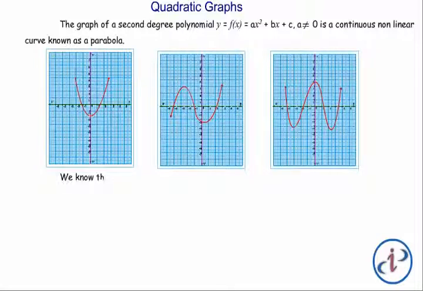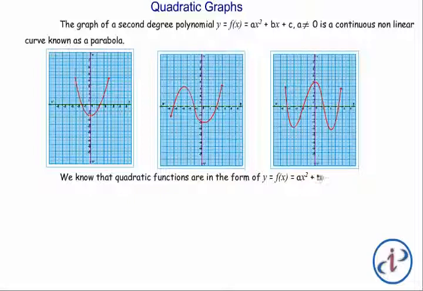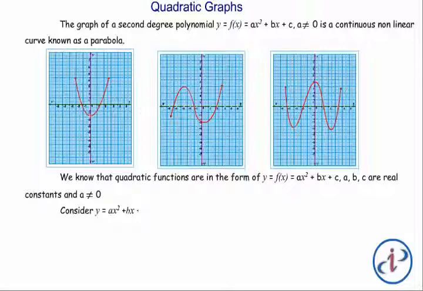We know that the quadratic functions are in the form of y is equal to f of x is equal to ax squared plus bx plus c, where a, b and c are real constants and a is not equal to 0. Consider the function y is equal to ax squared plus bx plus c.